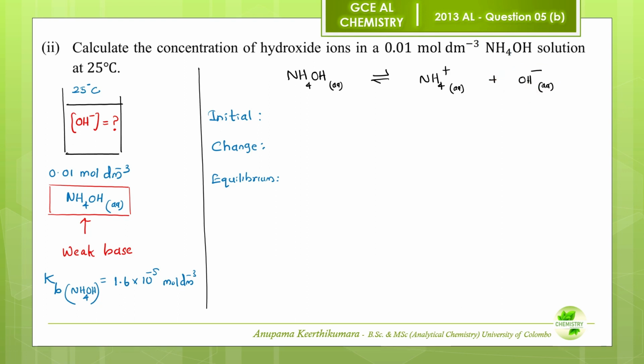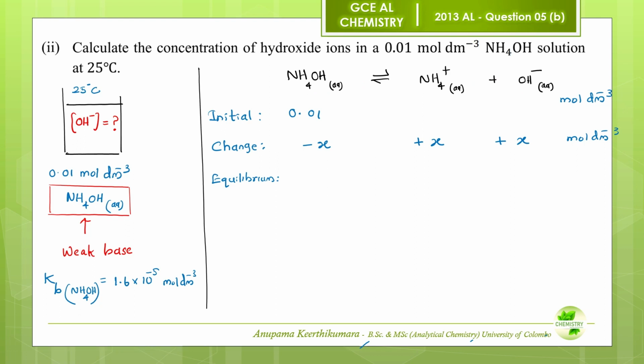Initial concentration of ammonium hydroxide is 0.01 moles per cubic decimeter. If the dissociated amount from this weak base is X, we can write the change as minus X, and the produced concentration of ammonium ions as well as OH minus ions are also X because the stoichiometry is 1:1.